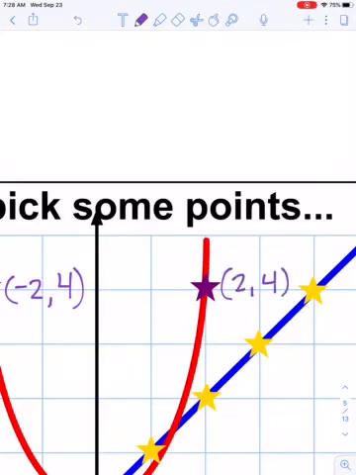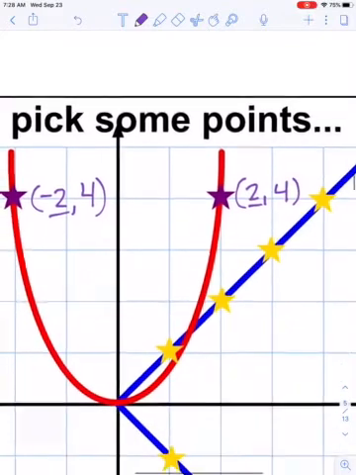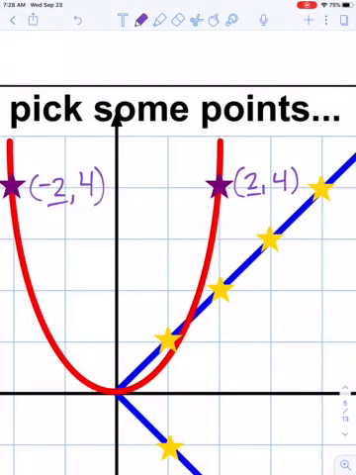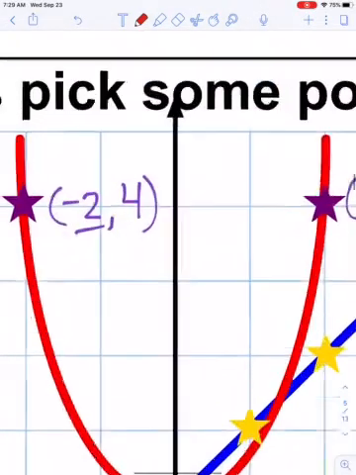The one on the right is +2, 4. Just looking at those 2 points, my X values do not repeat. So that doesn't seem to be a problem. If you look at this side to side, these X's are never going to repeat, okay? The ones over here only happen once, and then over here they're just going to be negatives. So the red one is a function, okay?